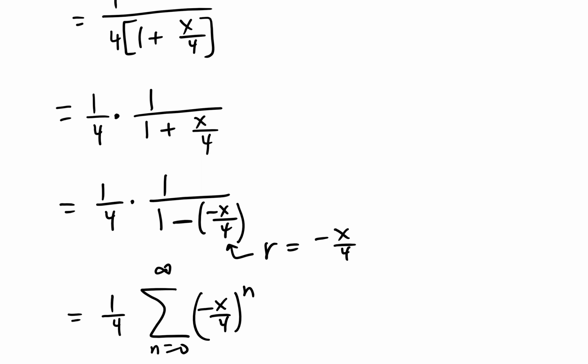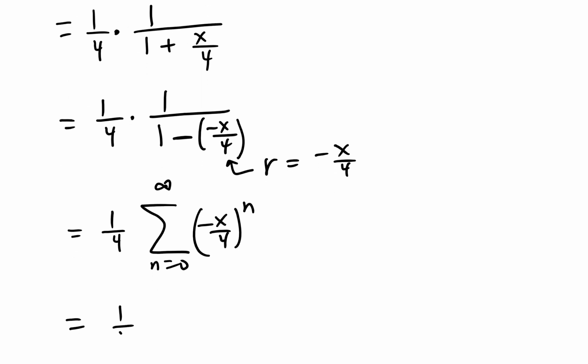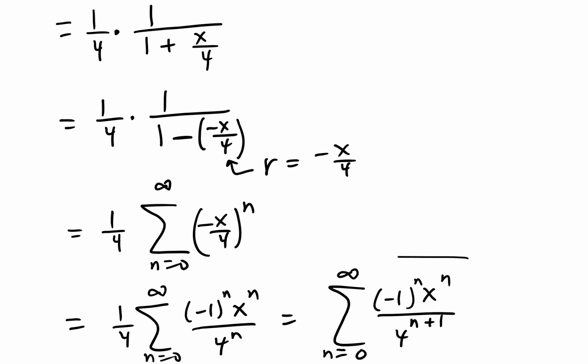That would be okay, but it would be nice if you can simplify it by rewriting this as 1/4 sum, negative 1 to the n, x to the n over 4 to the n. And you can move the 4 back in with the denominator, and it becomes 4 to the n plus 1. Again, n ranges from 0 to infinity. So that would be the power series representation for that function, 1 over 4 plus x.